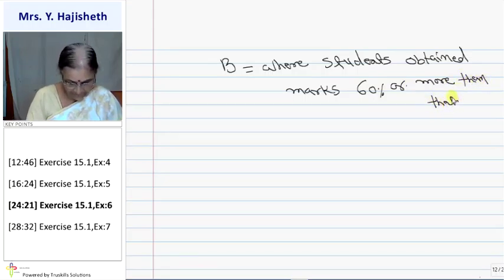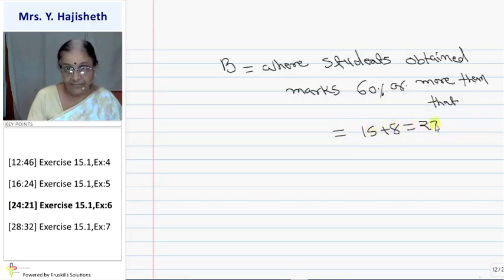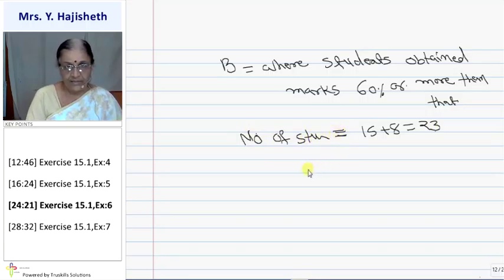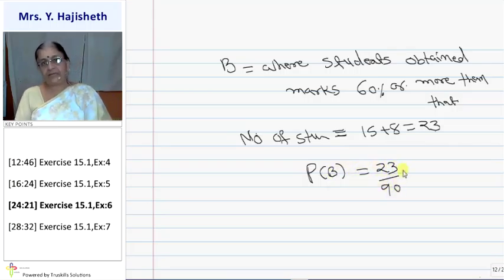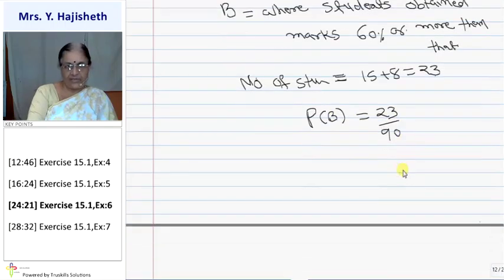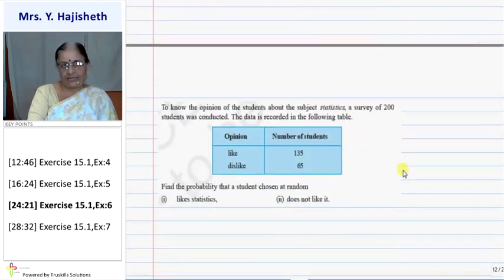So see, here 60 or more than 60, so the number of students is 15 plus 8, so 23. So what is my P(B)? P(B) is 23 by 90. Clear? This way you can calculate the probability.